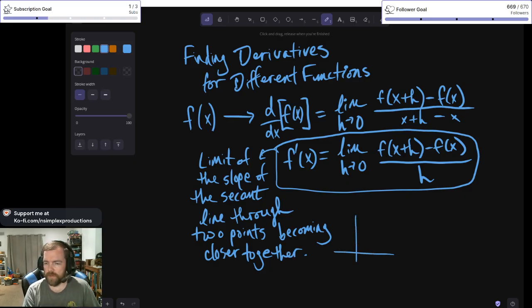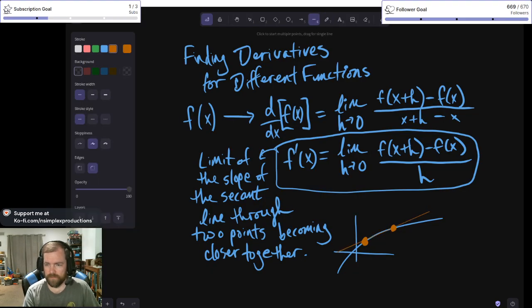So we had been saying that we could take some sort of curve like this, and we could take 1 point here, 1 point here, draw a straight line between them.